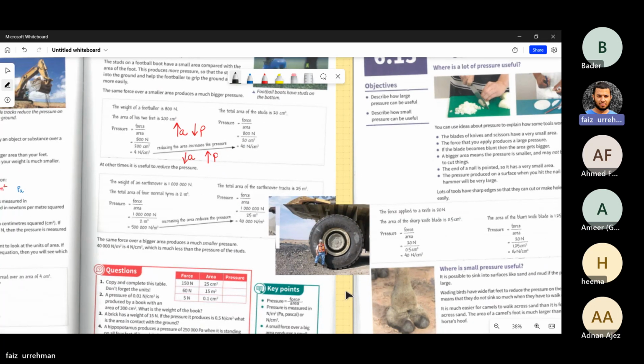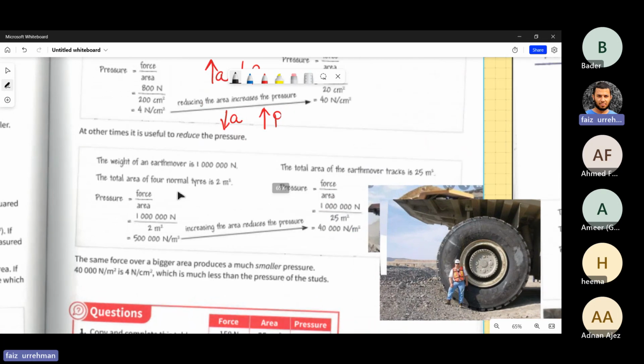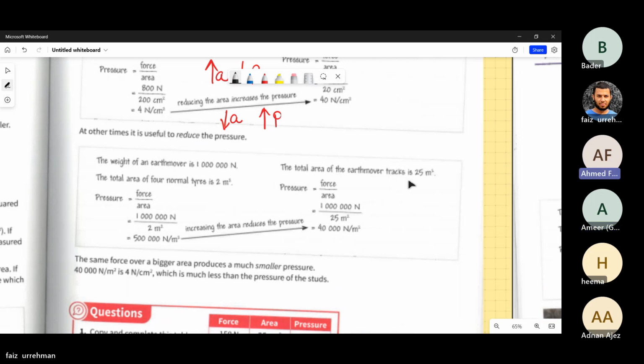So the area of 4 normal tires is 2 meters square. But why are they using tracks? A question: how did they even get in it? You have ladders or stairs.